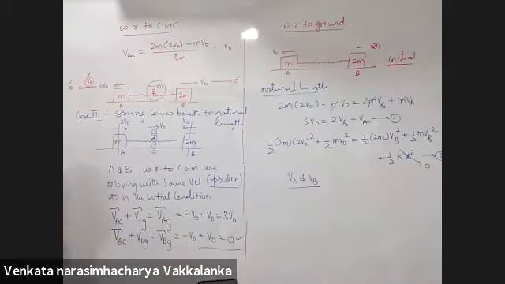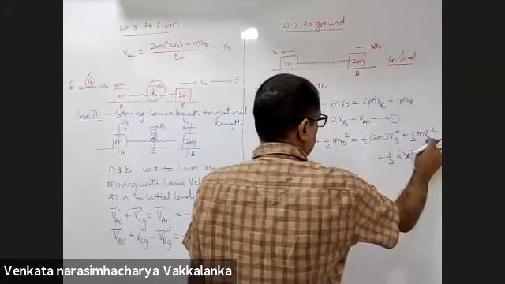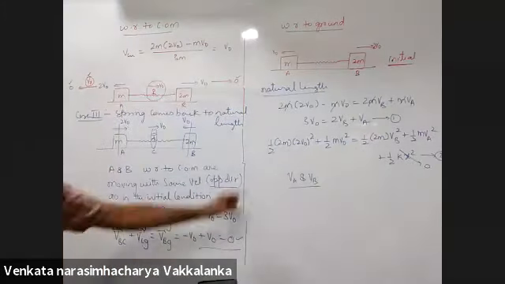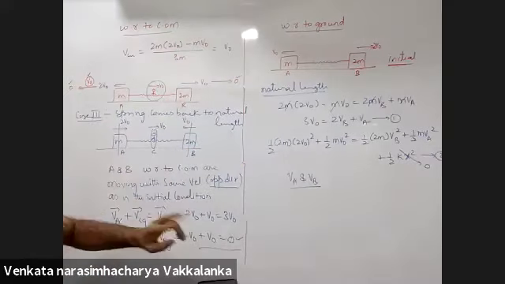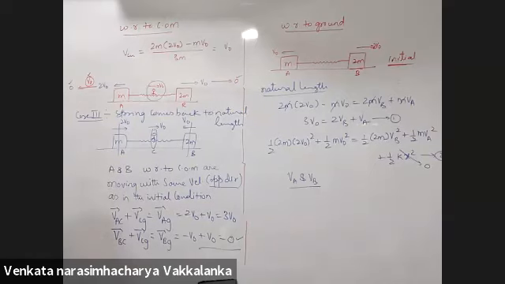So that will be half mVA square, in the second equation. Sir, second equation RHS, mVA square. Now I have two equations and two variables. Calculate them. They should match with these two values.